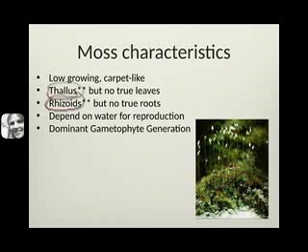So because they don't have true vascular tissue, we say they have a thallus and rhizoids, not true leaves, not true roots. They are dependent on water for reproduction, and I'll explain why when we look at their life cycle. And again, their dominant generation in this alternation of generations is the haploid gametophyte generation.